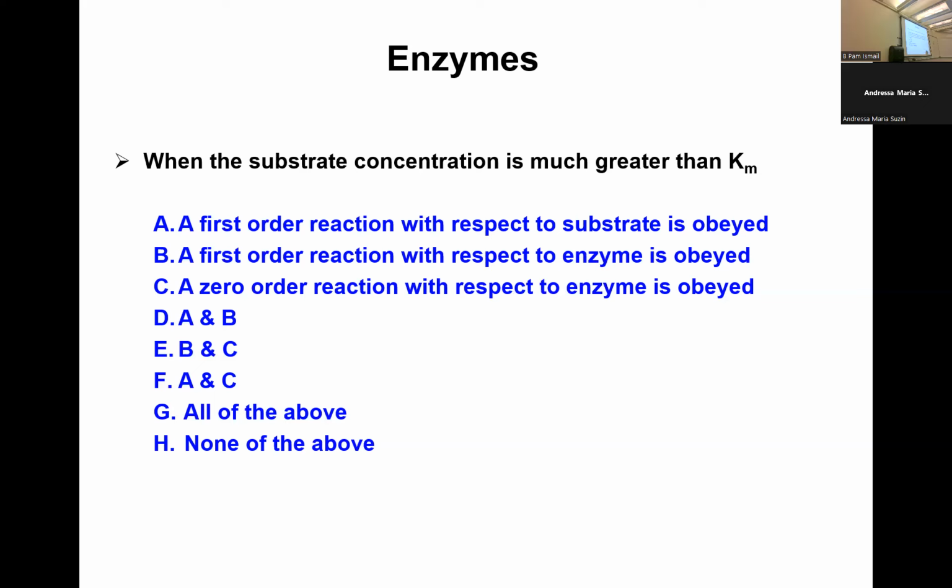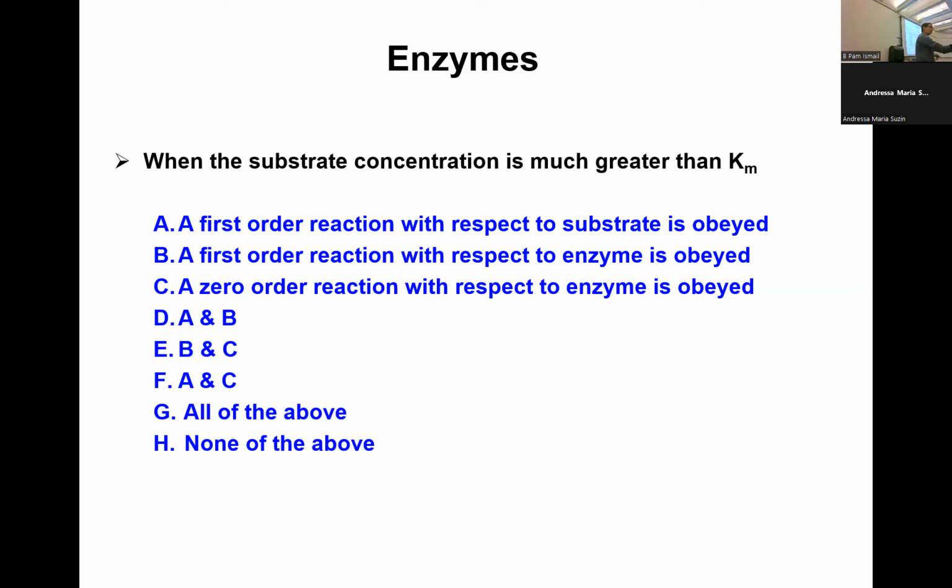It's the concentration of the substrate at which the velocity is Vmax over 2. You expect us to know this? It's an important parameter in the enzyme world, and we are going to talk a lot about Km.